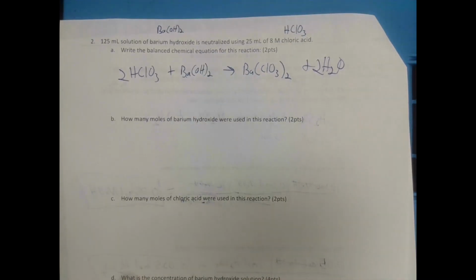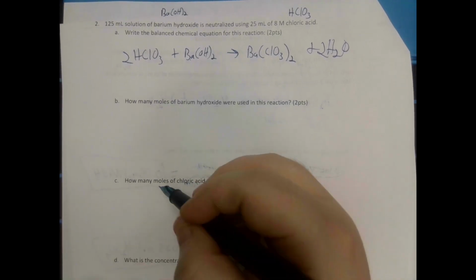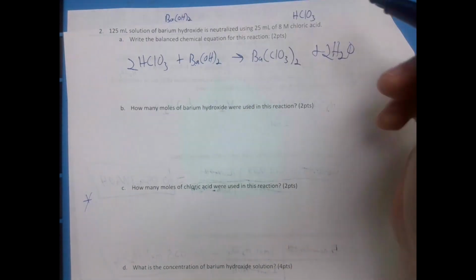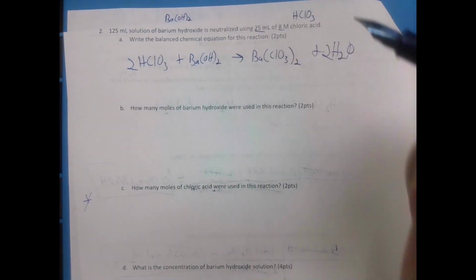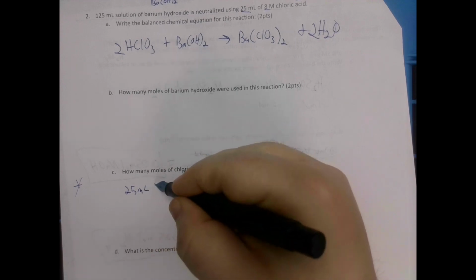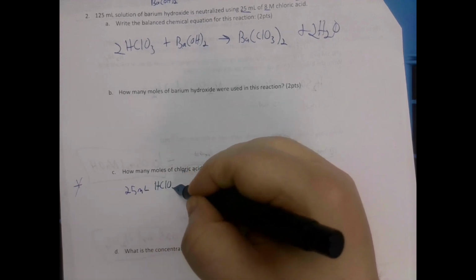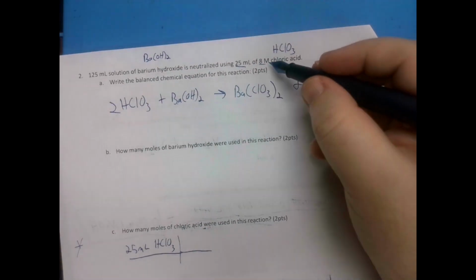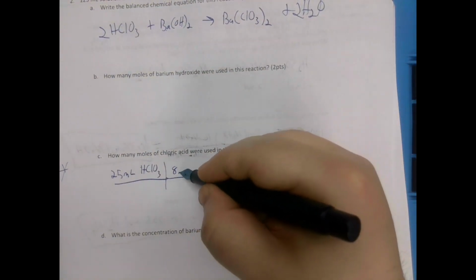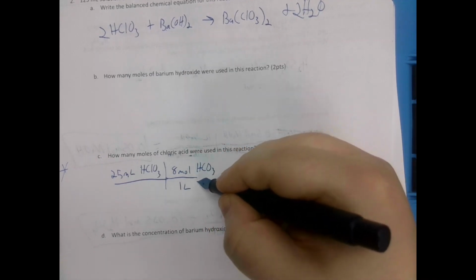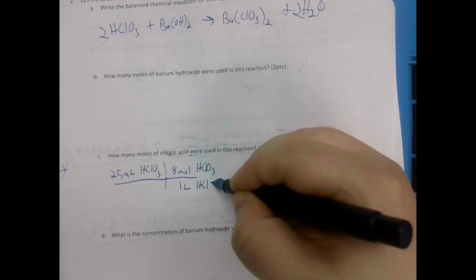For this problem, we can't solve for moles of part B yet, so do this one first. Chloric acid, you are given liters and molarity, so 25 milliliters of chloric acid. And I know that 8 molar means 8 moles of chloric acid per 1 liter of chloric acid.